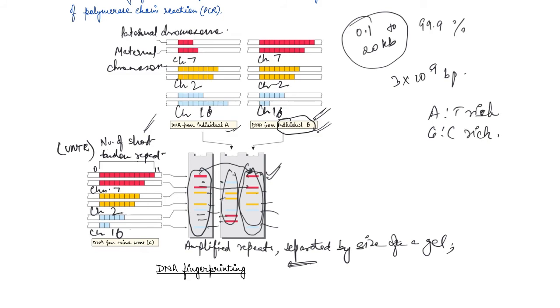Now, in addition to application in forensic science, there are many more applications where you determine population diversities or genetic diversities, right? And many different probes are used to generate fingerprints, right?